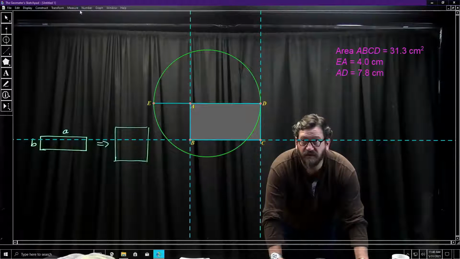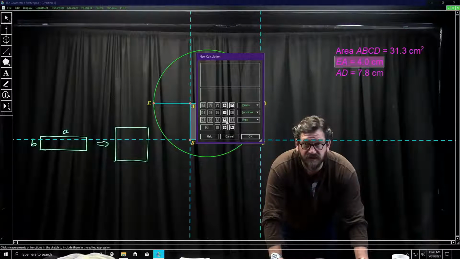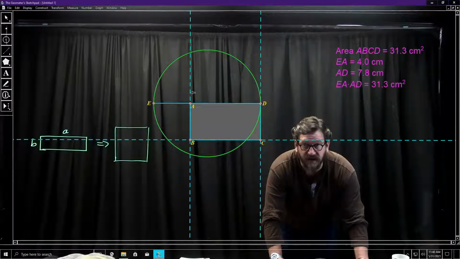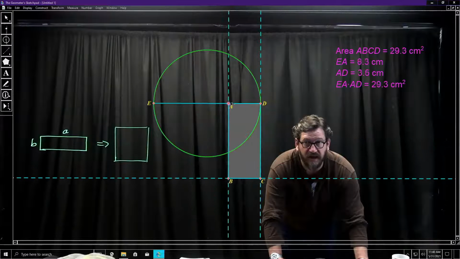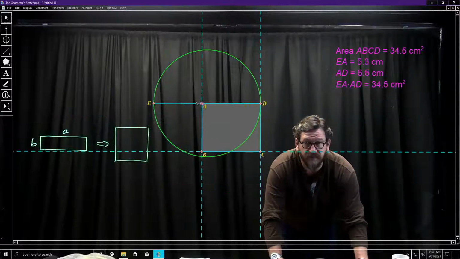If I were to do a number calculation and take the first one times the second one, it is in fact my rectangle's area, no matter where I put A or how I split up the A and the B. All right.